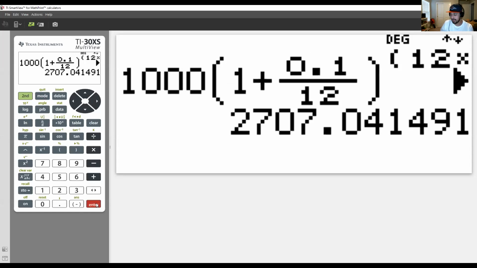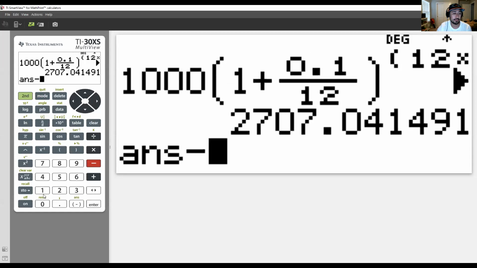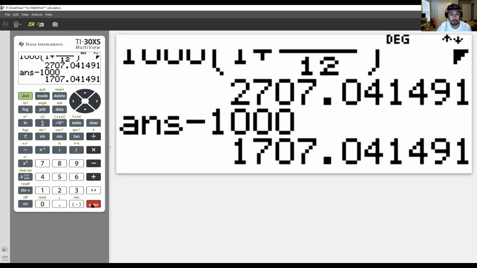Enter. And after 10 years of investing $1,000, we have only made $2,707.04. Well, hey, in 10 years, if I subtract this from the original investment, we made $1,700.